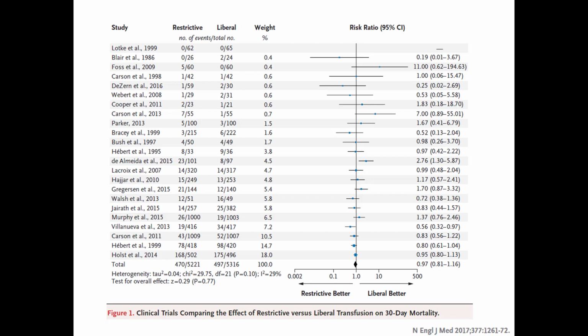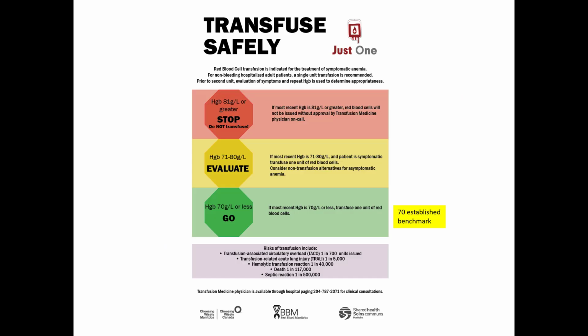And as you can see, the summary plot shows no difference in mortality outcomes for these patients, meaning that in almost all groups that have been studied, there appears to be no benefit in transfusing when the hemoglobin is much higher than 70. Now, the summary of the evidence then suggests that the appropriate benchmark for transfusion of red cells is 70, and this has been the established benchmark in current clinical practice.